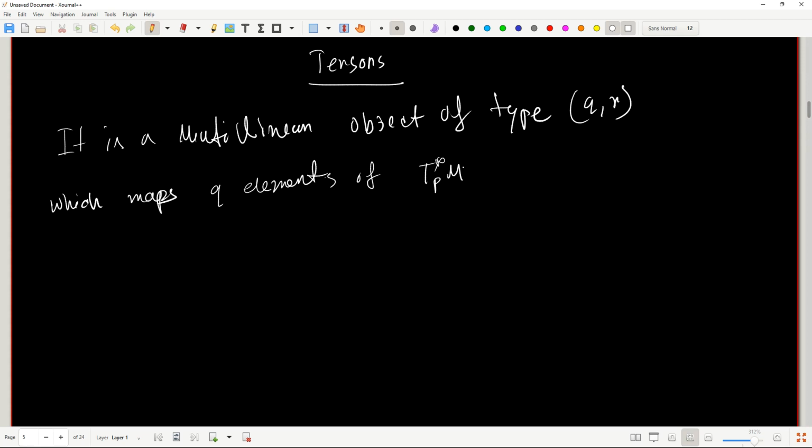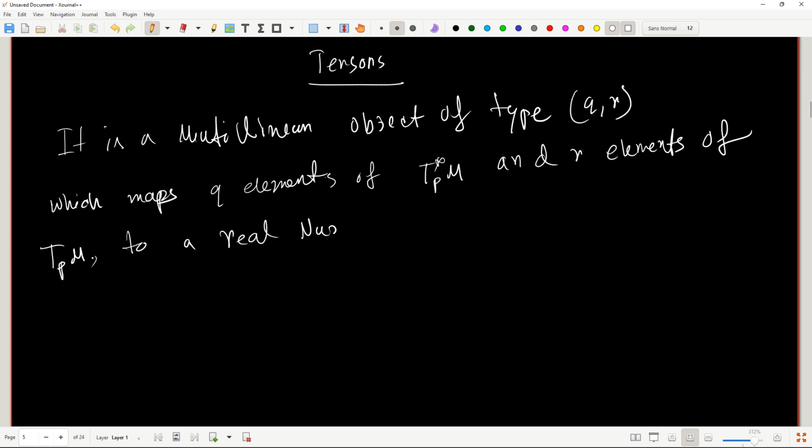and R elements of TPM. That means it's taking Q one-forms and R vectors and maps them to a real number.